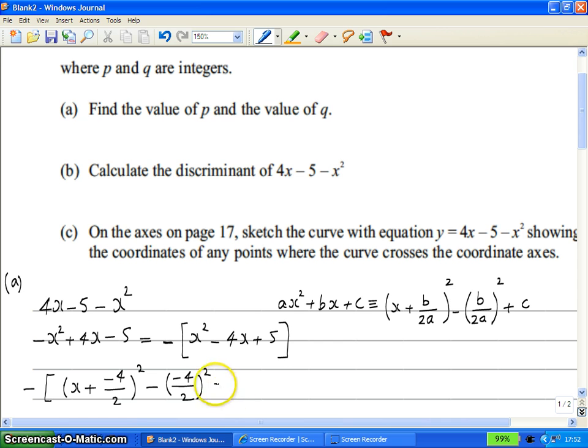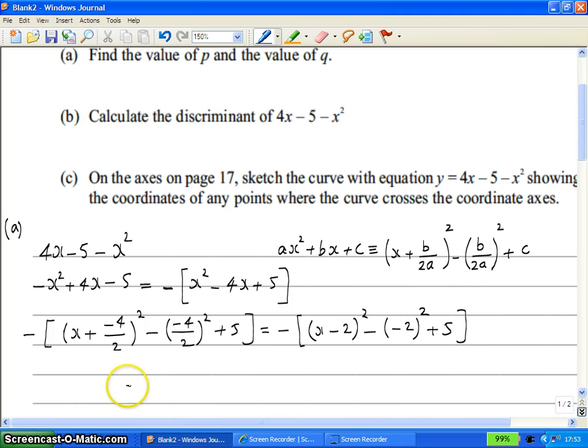And then plus c, which in this case is plus 5. It's going to look a lot better once you simplify that. So it's going to be x minus 2, because minus 4 divided by 2 gives you minus 2, squared, minus, same thing here, minus 2 all squared, plus 5.